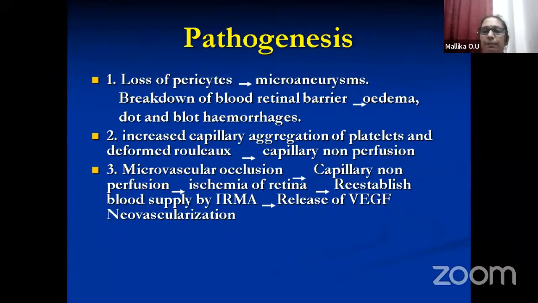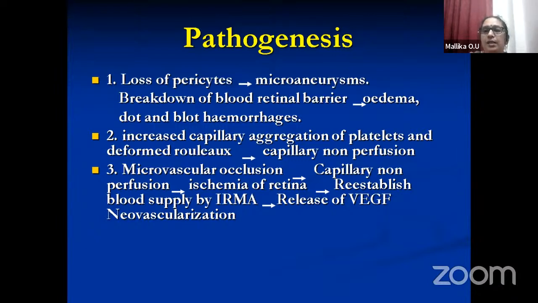Initially, it will be by dilatation of the pre-existing vessels, that is, dilated connections between the arteries and the veins, called intraretinal microvascular abnormalities. This is the initial stage, and this can lead on to release of vascular endothelial growth factor, and later this vascular endothelial growth factor is responsible for neovascularization of the retina.